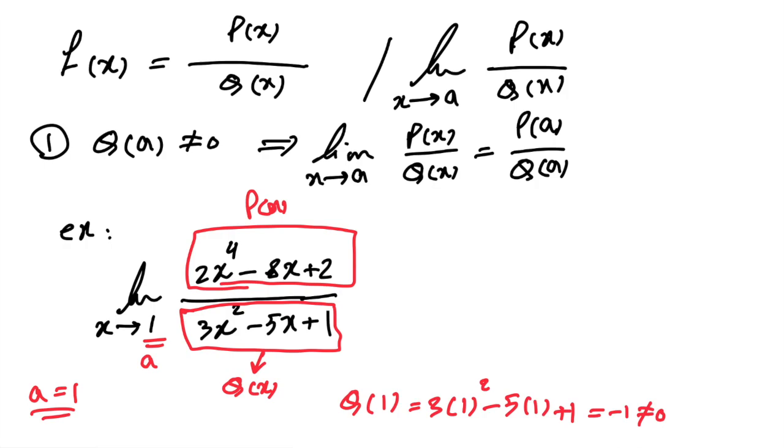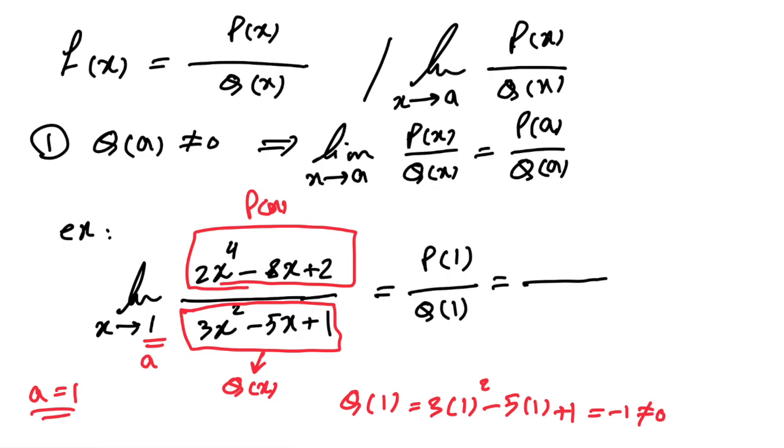So we can say the limit is equal to p(a), let's say a here is 1, so I just use 1, p(1) by q(1). So what is the numerator? We just plug in 1 into p(x), 2x^4 minus 8x plus 2.